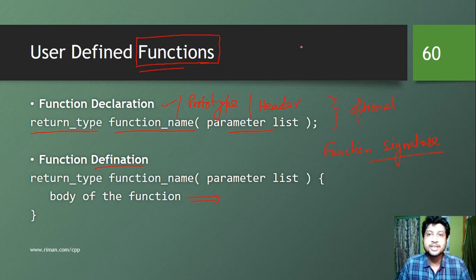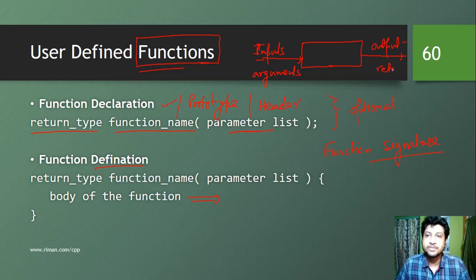So the function will work like this. Suppose a function is working like a small program. You give some inputs as arguments, and you produce some result. So you produce some outputs in terms of return value.